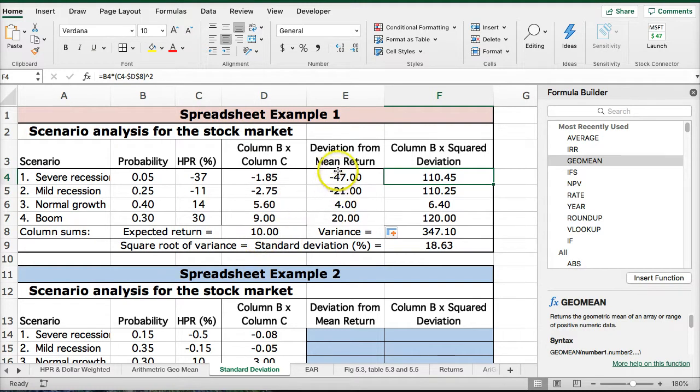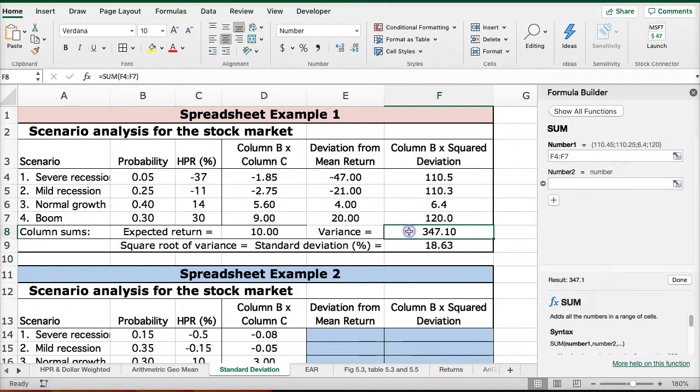But we already have that calculated here, so we could take a shortcut and just say probability times the mean deviation to the exponent 2, and we get the same result. And so we could just pull this down, and you see that we get all the same results here.